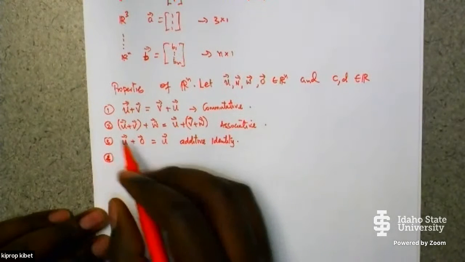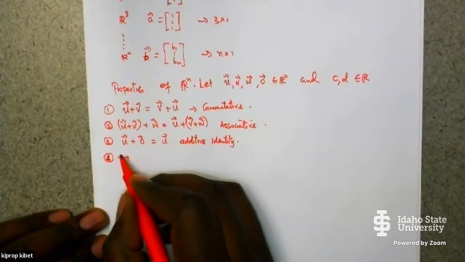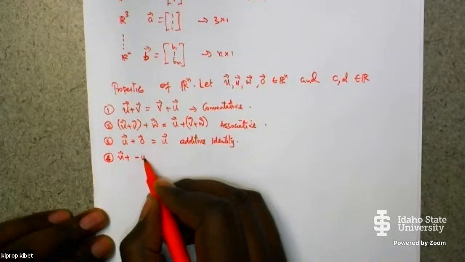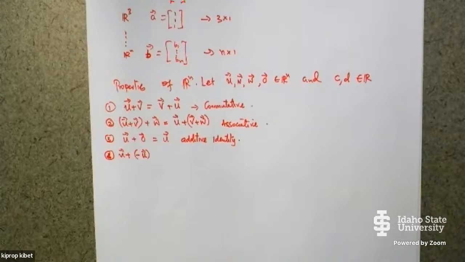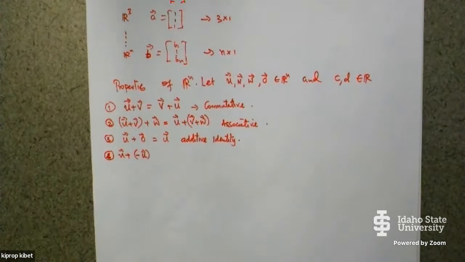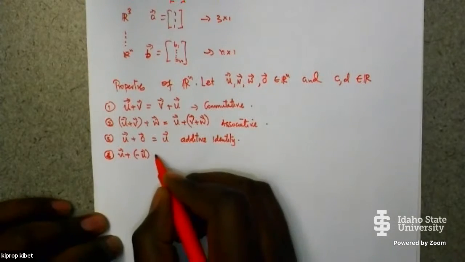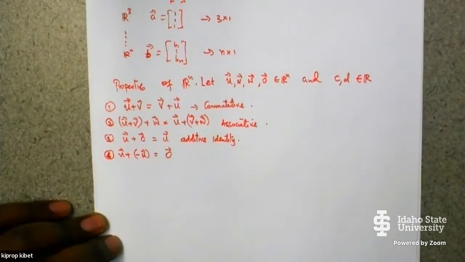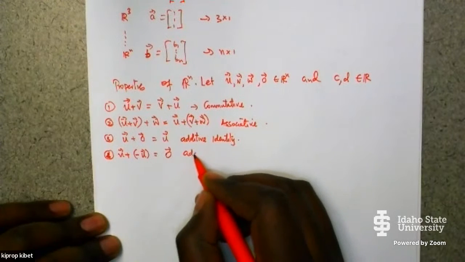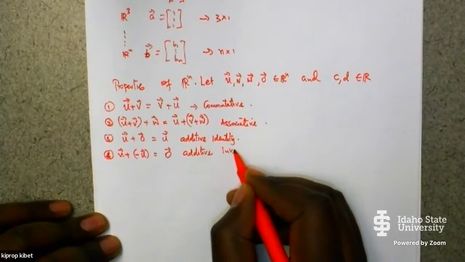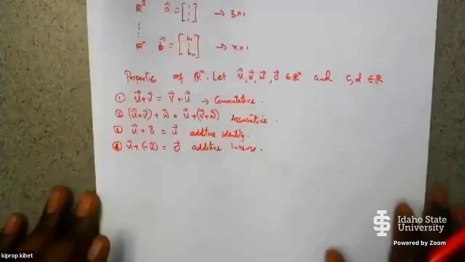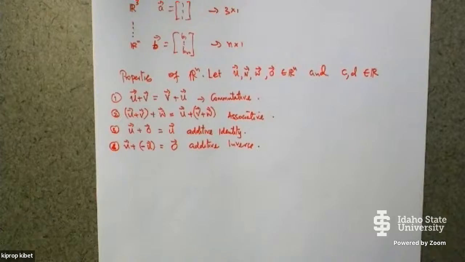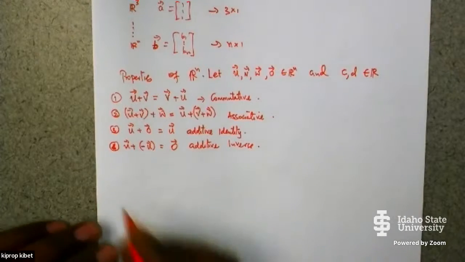Number 4: if we add the vector u and the negative u, then this is equal to the 0 vector. And this one is the additive inverse. So the inverse of addition is negative.